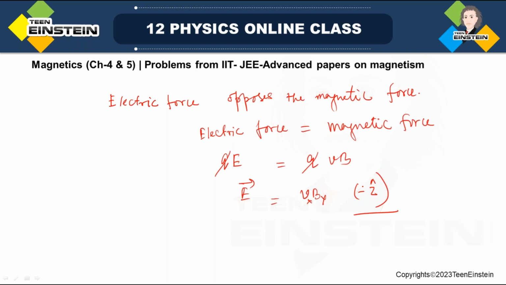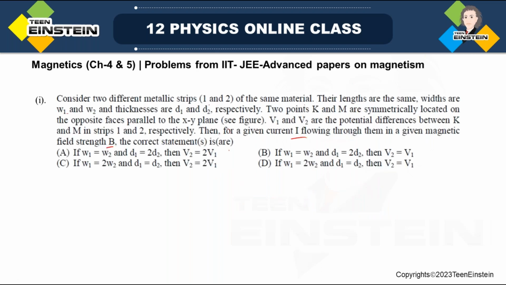Now we'll see how we can find out the answer, so the question is the following. Okay, so see this first question, there are two different metallic strips of the same material. Same material, that means charge carrier densities are same, lengths are same, but widths are different.